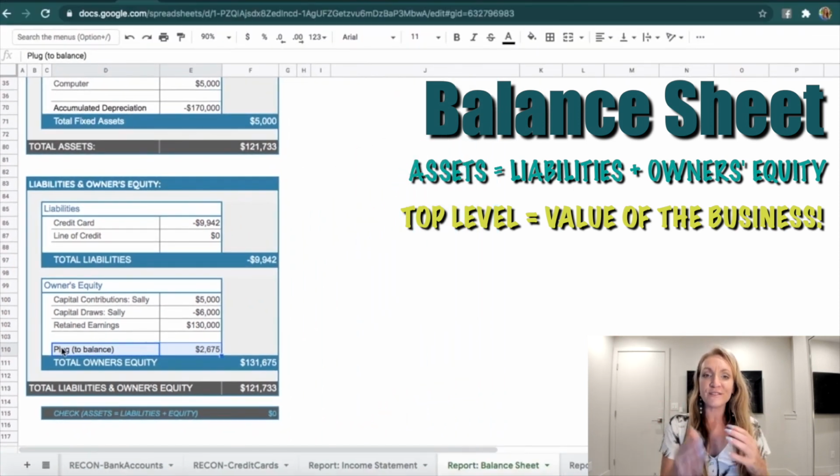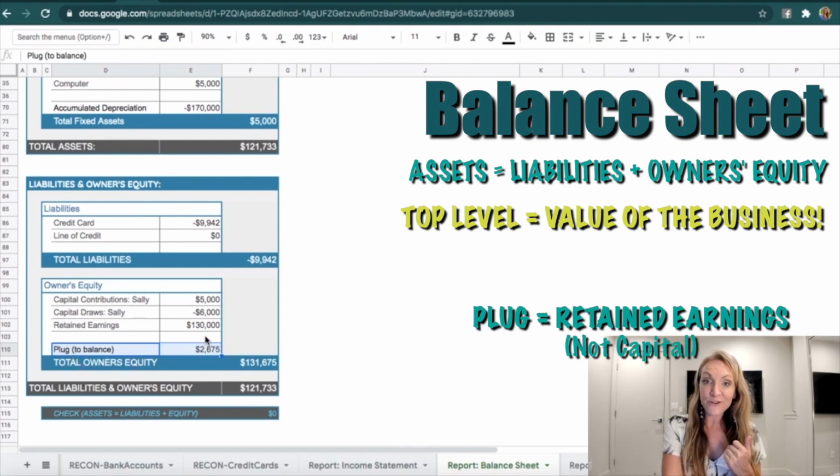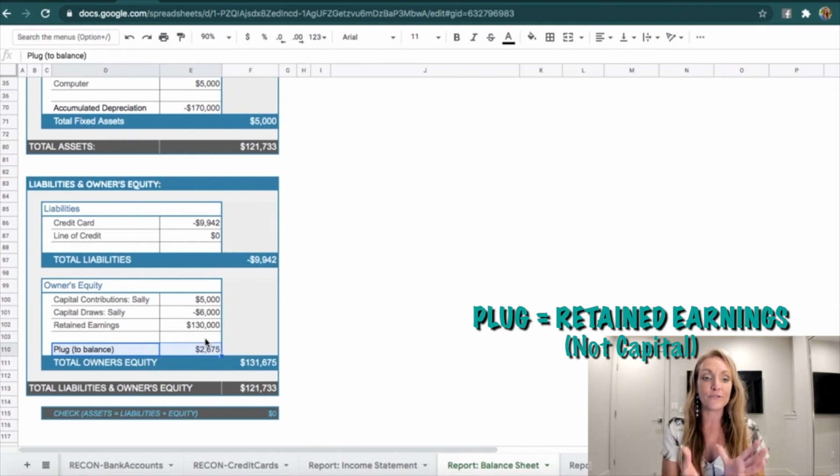Now, if you're submitting the statements to a bank or to a possible investor, I would not label this plug to balance. I would label this capital, so it blends in here. Not that you're trying to hide it, but the proper place to put it is in capital under this account. So as you can see, our income statement and our balance sheet report may seem unrelated.